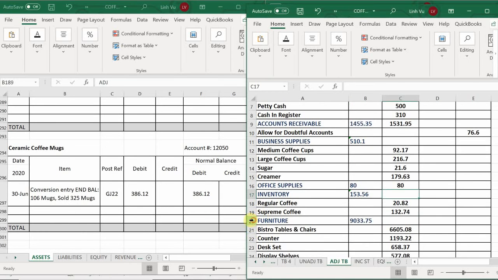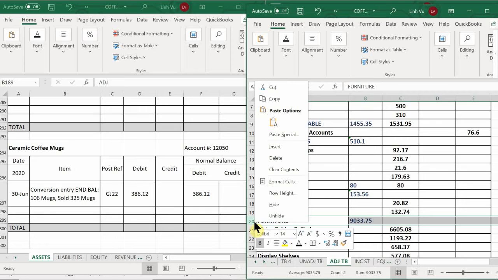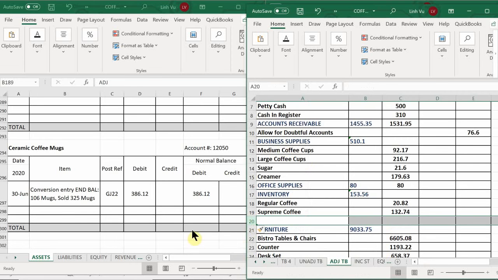We have some ceramic coffee mugs. Okay. So therefore, how much was the ceramic coffee mugs? 386.12. So therefore, that adds to this, right?